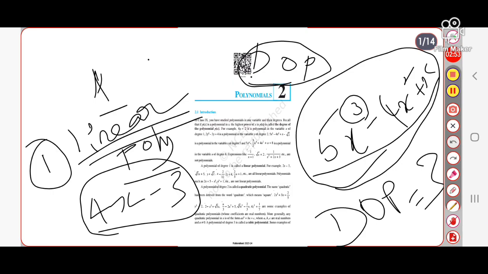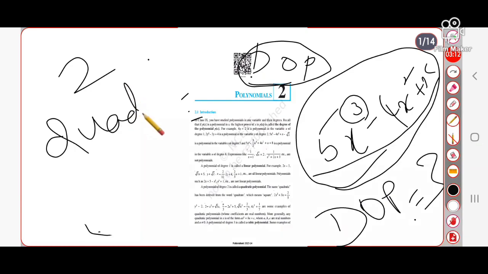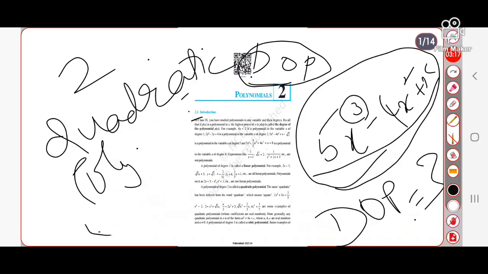In the same way, when the degree of the polynomial is 2, it is called a quadratic polynomial.